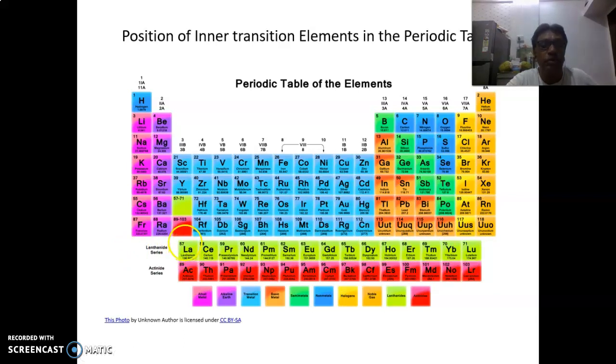This is because the chemical properties of lanthanum are very similar to those of the other elements of the lanthanide series. The series is also named the lanthanide series because they closely resemble each other, and hence they are placed at the bottom part of the periodic table.